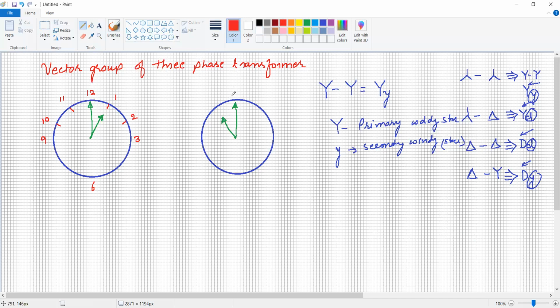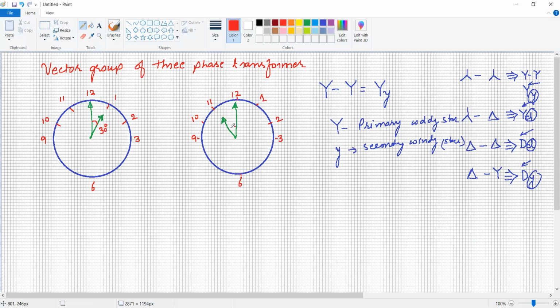Again, here it is 12, 3, 9, 6. It is 11, 10, 1, 2. The total is 360 degrees. Therefore, the angle between each is 90 divided by 3, which is equal to 30 degrees.